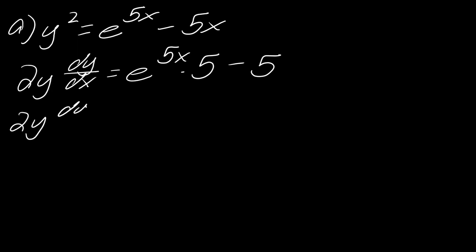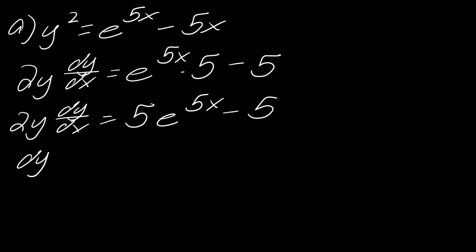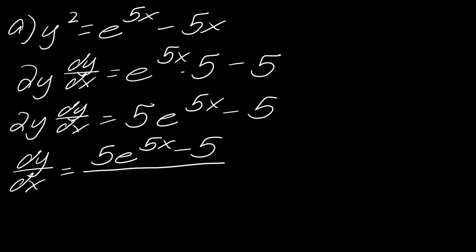So I've got 2y dy dx equals 5e to the 5x minus 5. So now my dy dx is going to equal, oops, I missed that part, 5e to the 5x minus 5 over 2y.